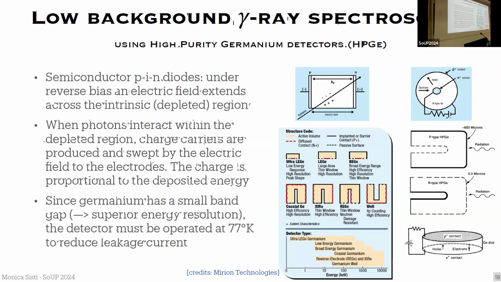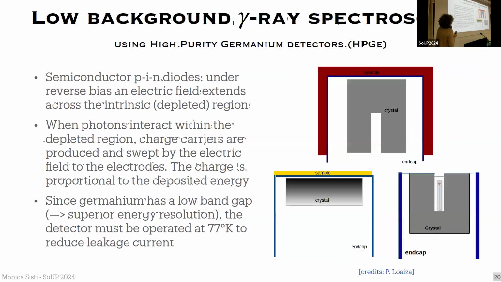Here, just for illustration, these are different geometries of high purity germanium detectors you can find, and depending on the geometry and on the contact thickness, you have sensitivity to different energy ranges and different efficiencies. Usually the configuration of the sample for the measurements is the so-called Marinelli configuration, where you basically surround the end cap of the germanium.